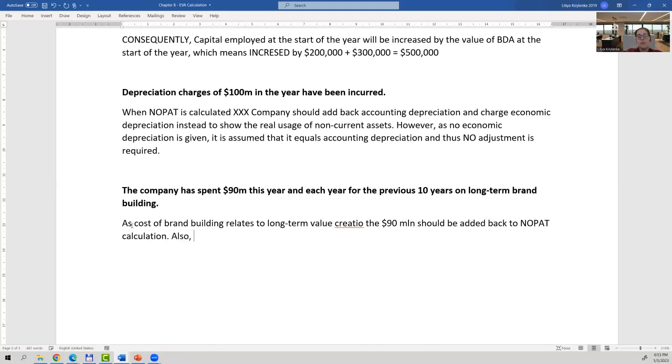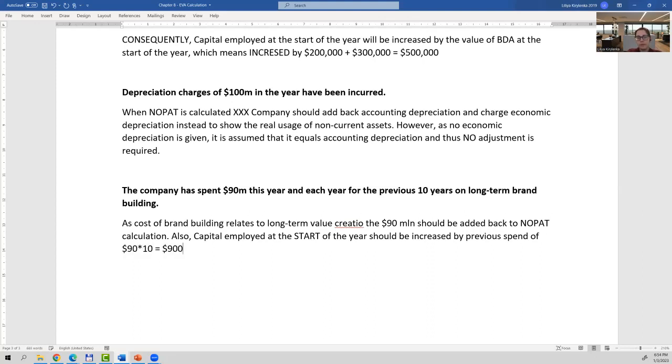Also, capital employed at the start of the year should be increased by previous spend, 90 million multiplied by 10, which is 900.